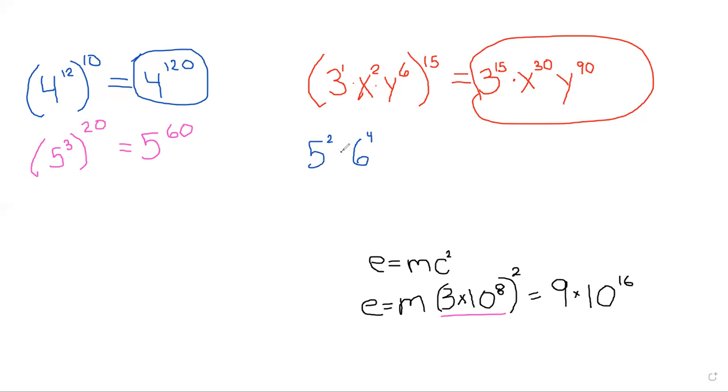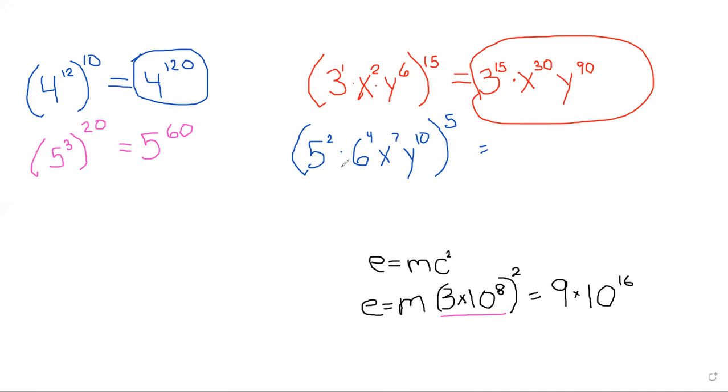Because they're numbers, I do need a multiplication sign, but as soon as I get into variables, I don't. So x to the 7th, y to the 10th, and all of that is raised to the 5th power. I decided to not go too crazy with my numbers.